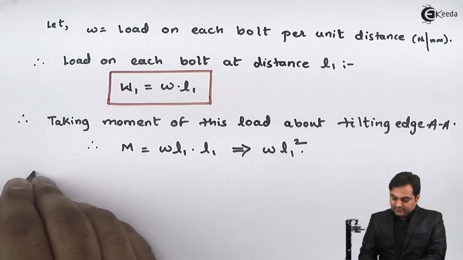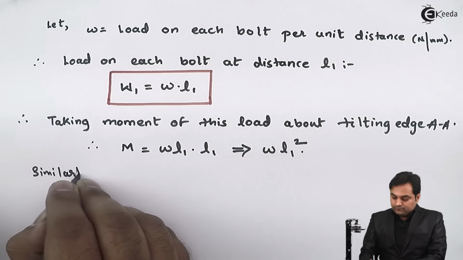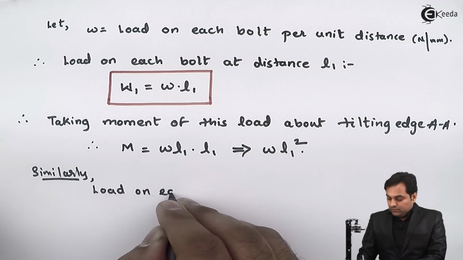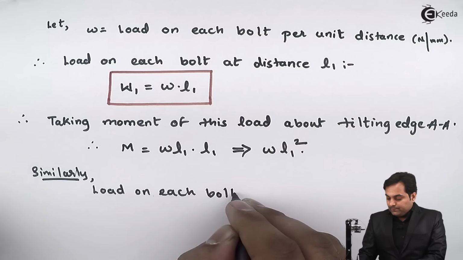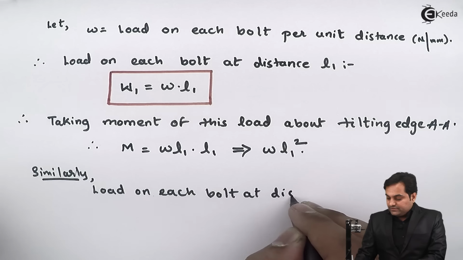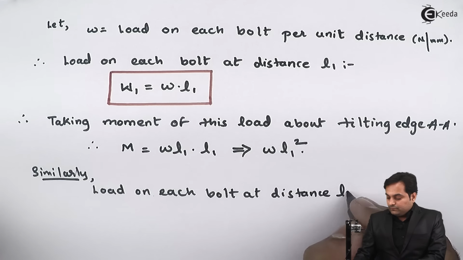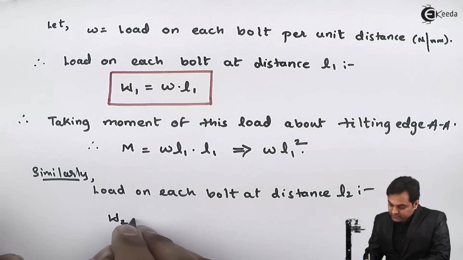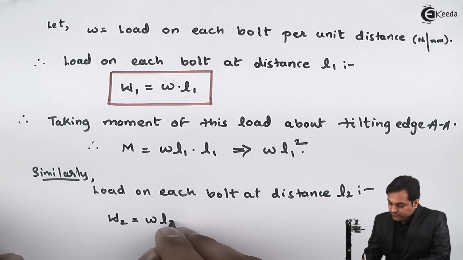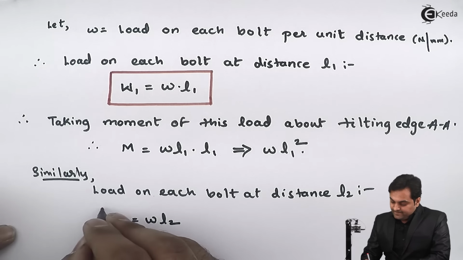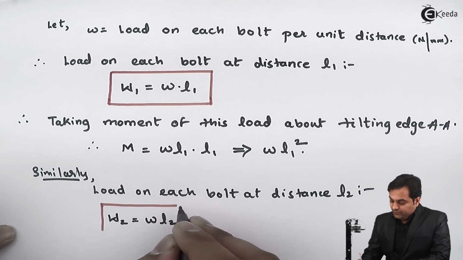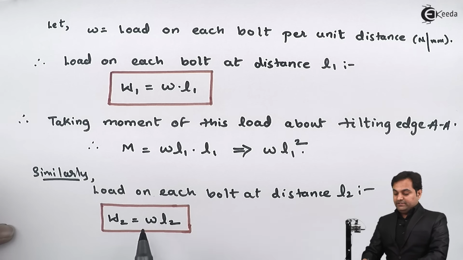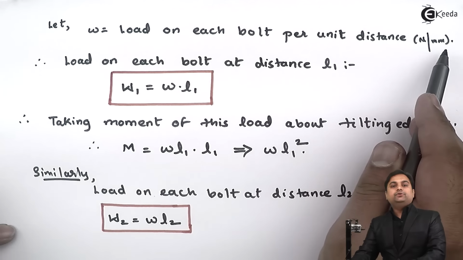Next I'll say that similarly load on each bolt at distance L2, that will be W2 is equal to small w into L2, because small w is the intensity of load on each bolt per unit distance.